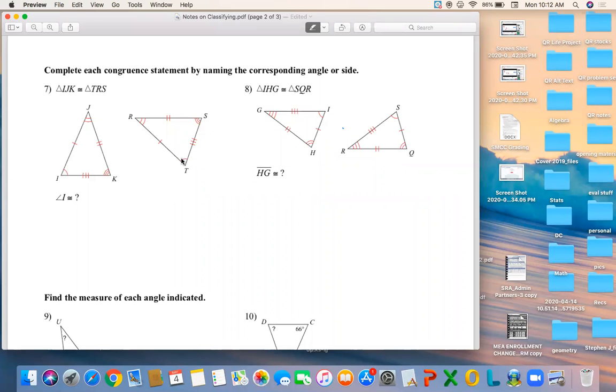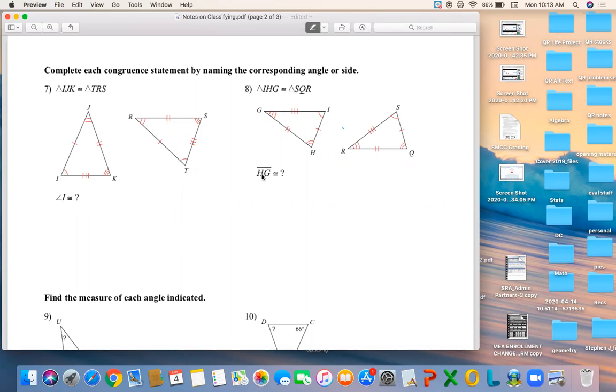Angle I is congruent to angle T because it has one. Angle J is congruent to angle R because it has 2, and so forth. So the answer to this, angle I, would be congruent to angle T.